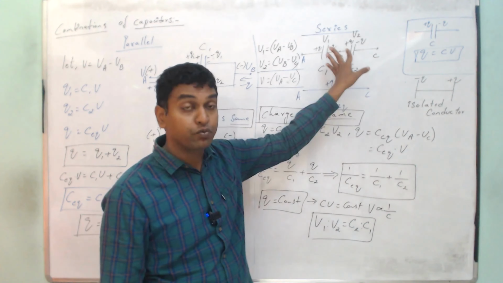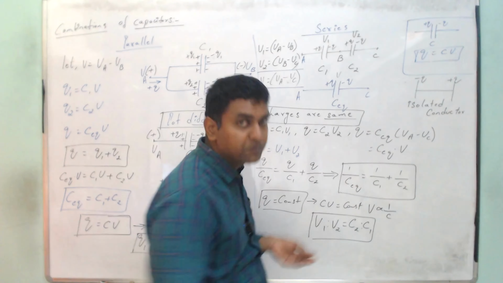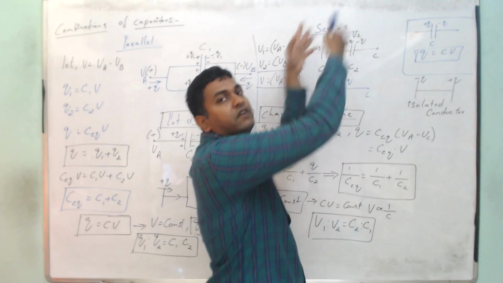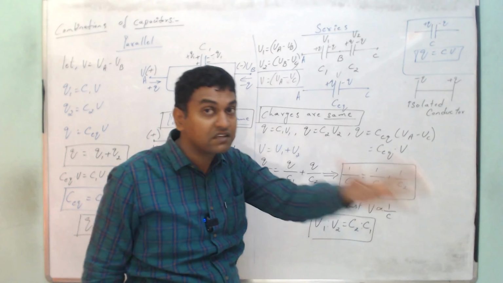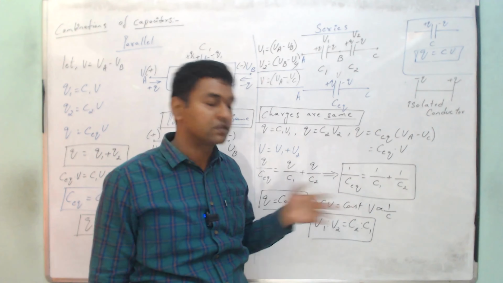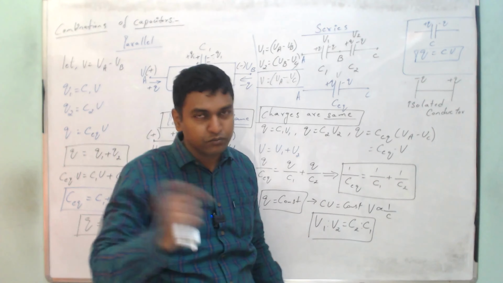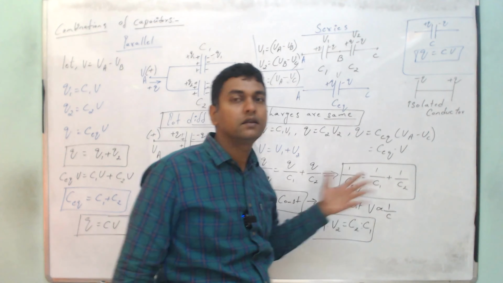That means potential ratio 3 to 2. Yes, sir. So if I am giving 5 volts, this one will have 3 volts, that one will have 2 volts. I don't have to do huge mathematics anywhere to find this out. Or else I can do it with big solving also. But using this, I can get it faster.